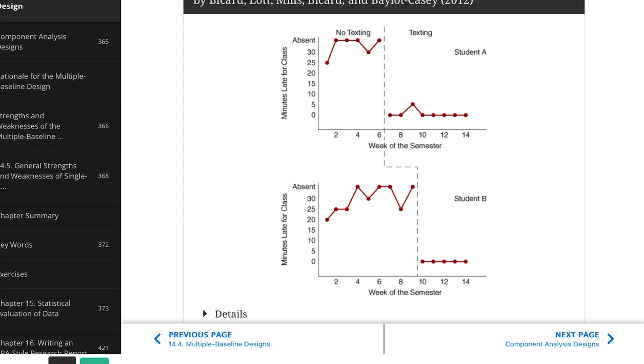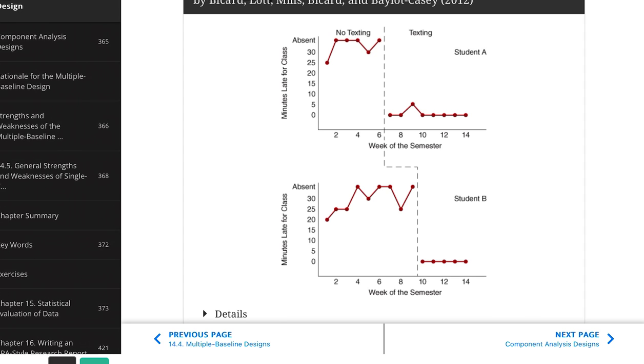And that accountability, you can see, caused a dramatic reduction in the minutes late they were to class. It obviously made a huge difference. That looks like they were barely late at all after that point.